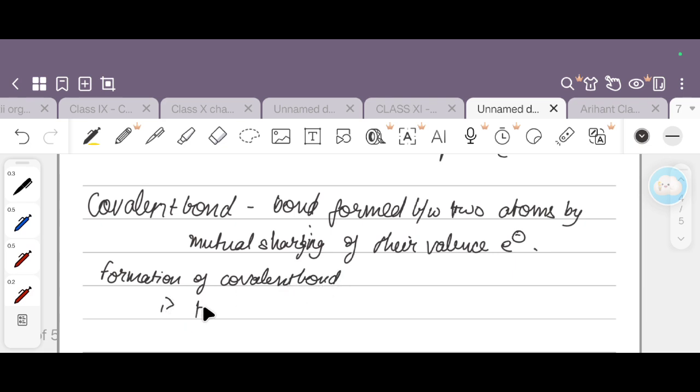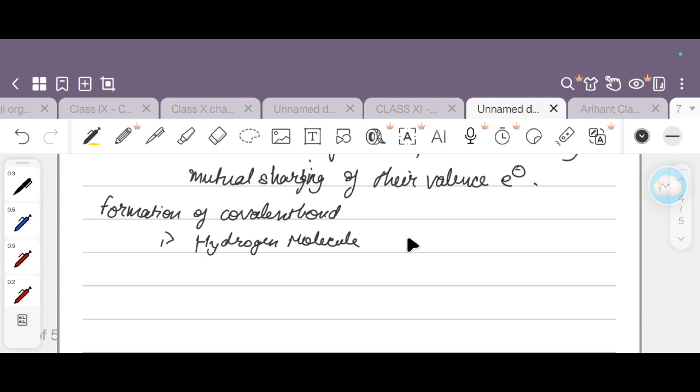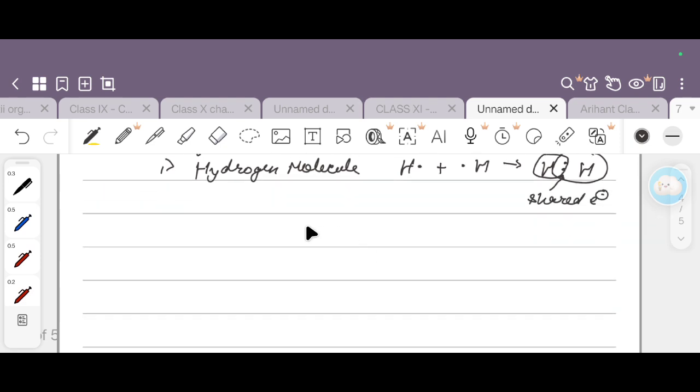First is the hydrogen molecule. As you know, hydrogen symbol is H and there is one valence electron, and the second valence electron. A bond between H and H is formed by the mutual sharing. These electrons are the shared electrons. Take another example of a molecule like NH3.